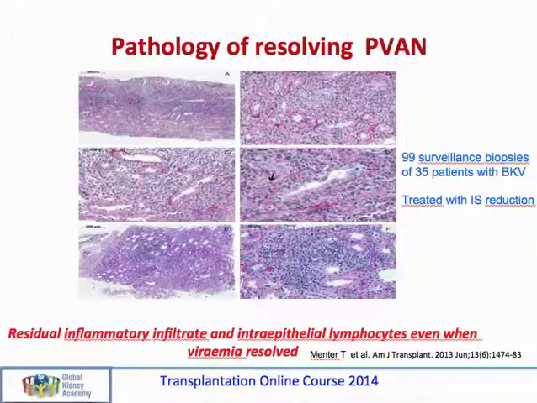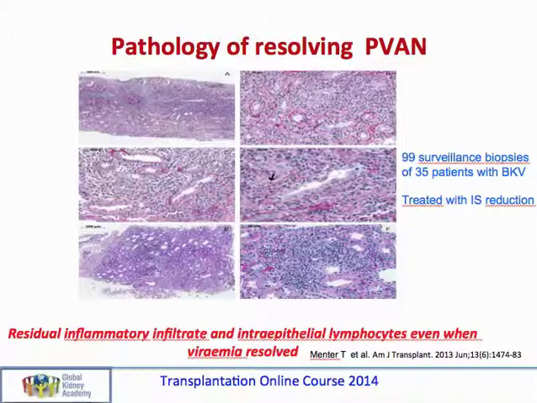What they found was that even when the viremia resolved, you had ongoing inflammation, and intraepithelial lymphocytes were seen on the biopsy specimens.